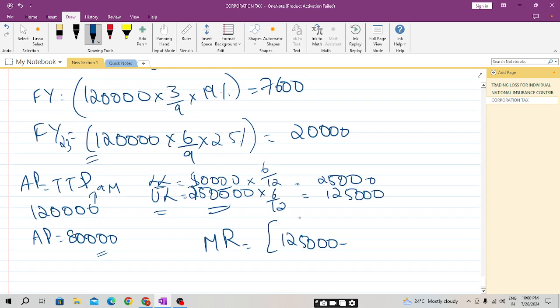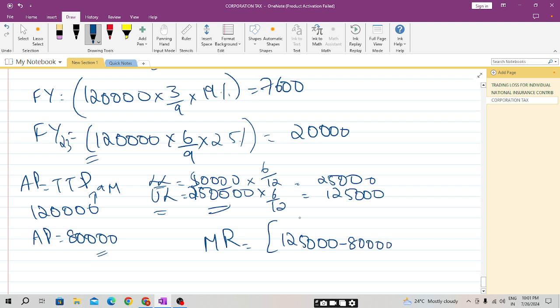Our augmented profit, we have 120,000. This is for 9 months into 6 divided by 9. So it will be 80,000.